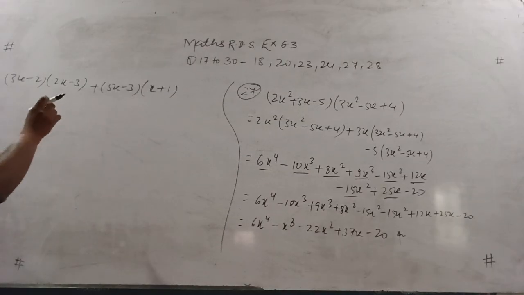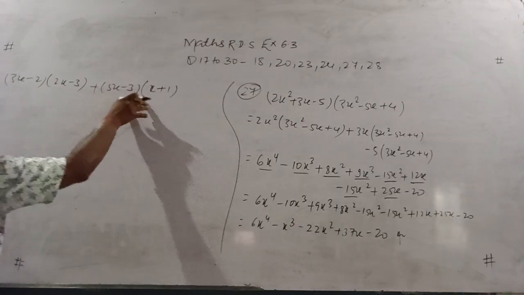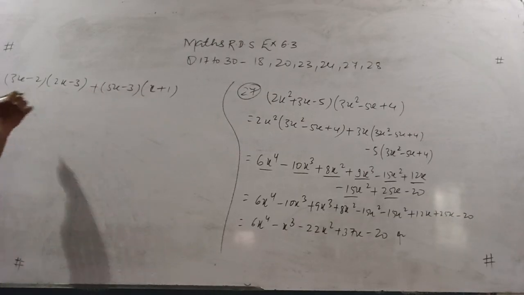This is the sum of products of two binomials. There is a product of two binomials, and another product of two binomials, and you have to find their sum.